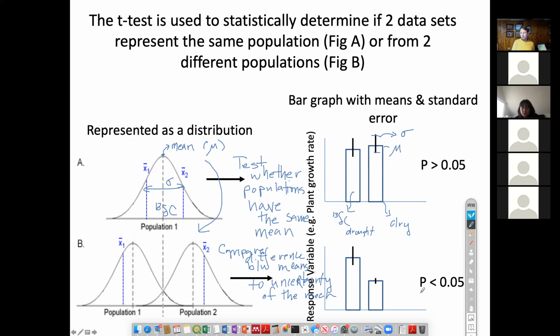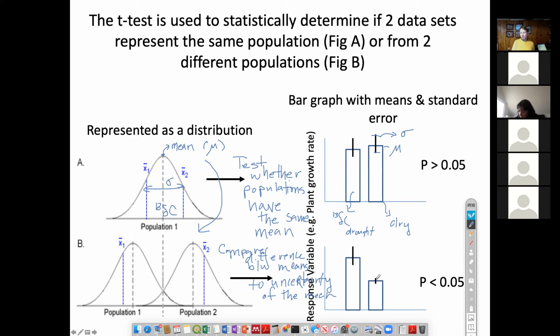So here, I have a really low probability of falsely thinking they come from the same population. So it's less than a 5% chance that these are actually coming from the same population.